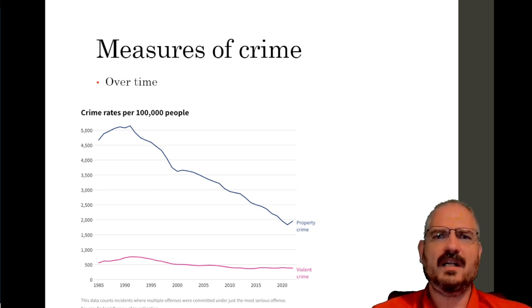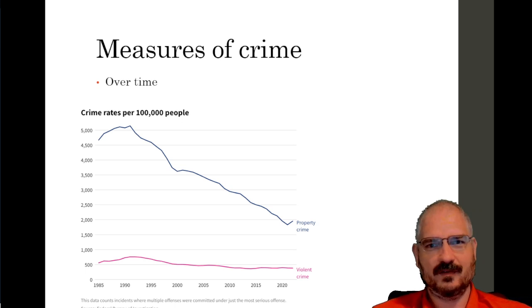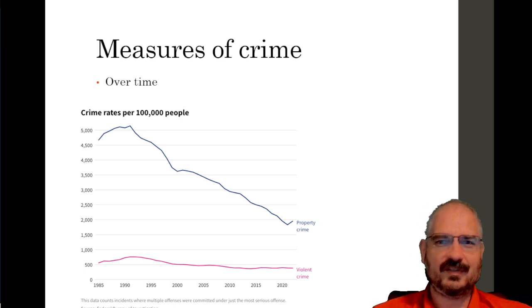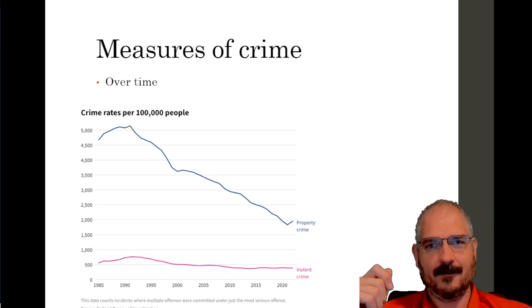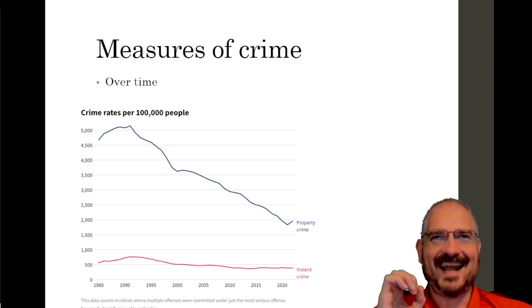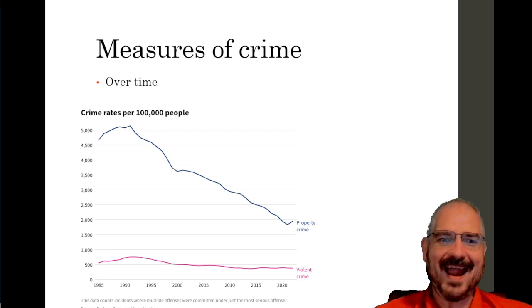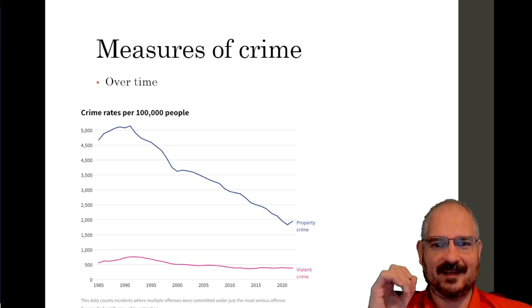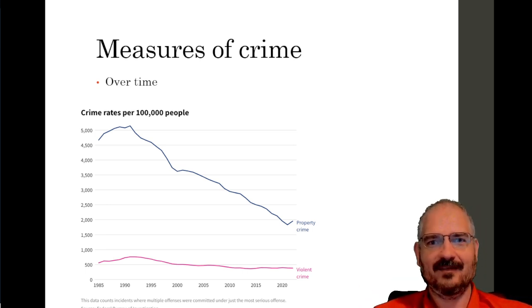Does each theory we're going to talk about in this class identify what might have caused this? Okay? There are tons of different ideas out there about why crime has been so consistently going down.